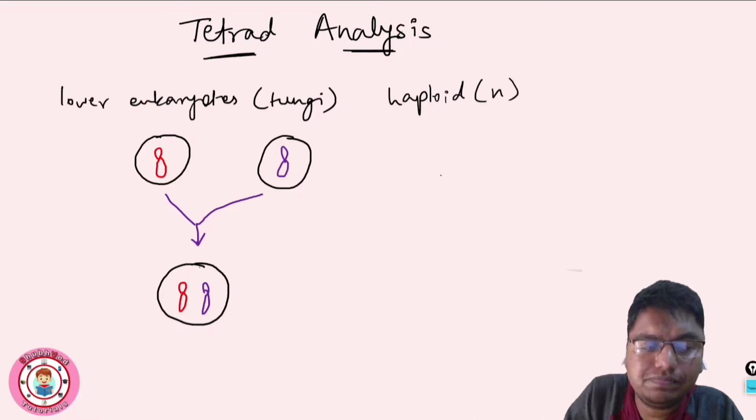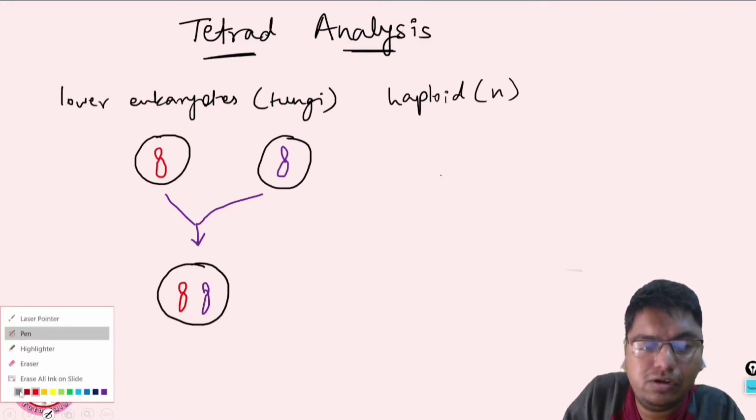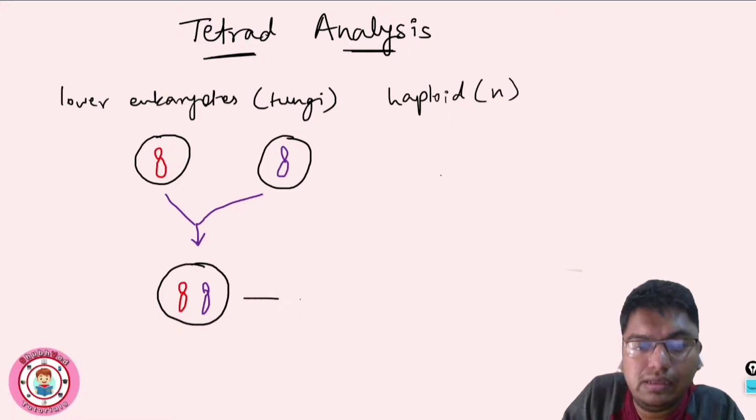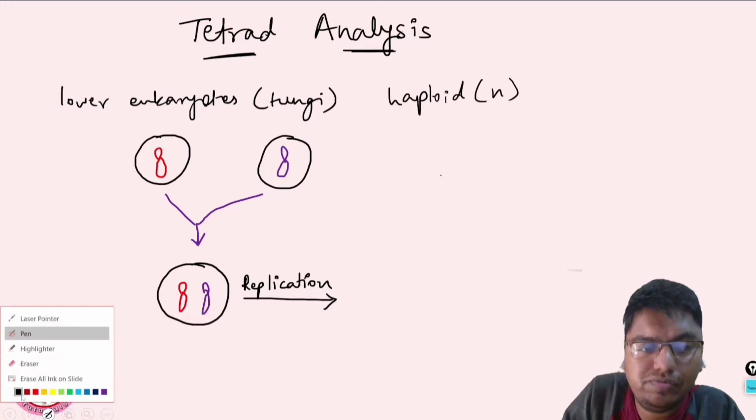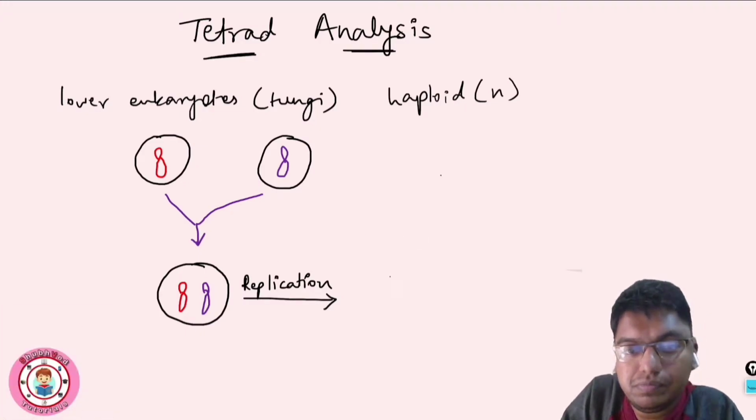So now what happens? This will undergo replication. We know what replication is, I mean, there will be duplication of chromosomes. After that, they will form a structure like this.